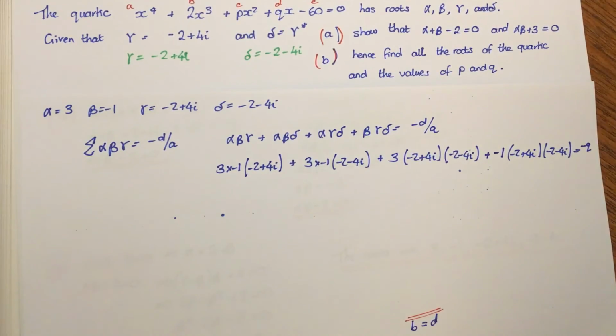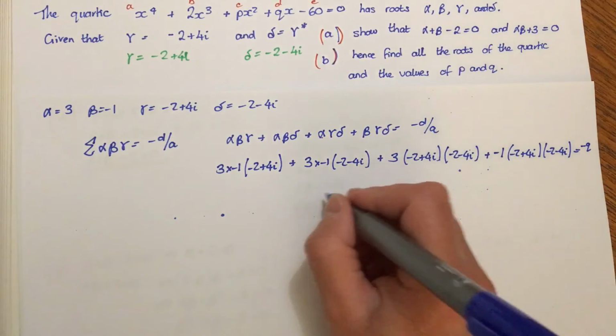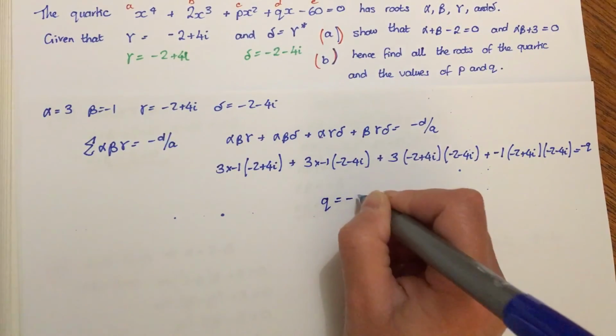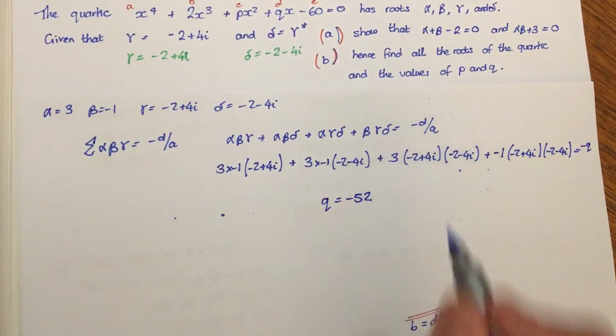All the imaginary numbers will cancel out, and you will be left with Q equals negative 52.